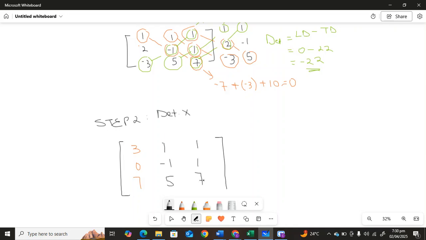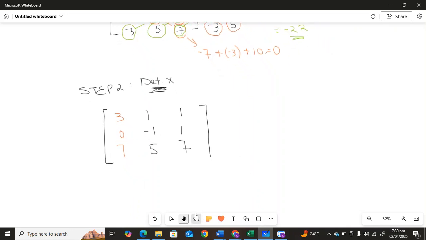The y and z columns stay the same. But the x column is the one that changes because we're getting the determinant for x. Because in this Cramer's rule technique, you're just getting determinants. It's all about getting determinants. And then, as I said, once you've made the matrix, the first two columns, you bring them outside.